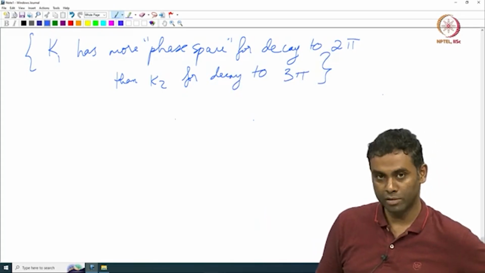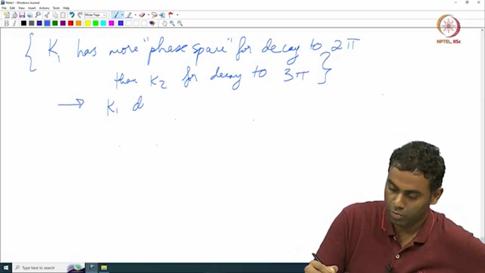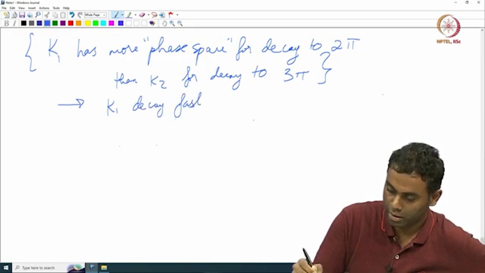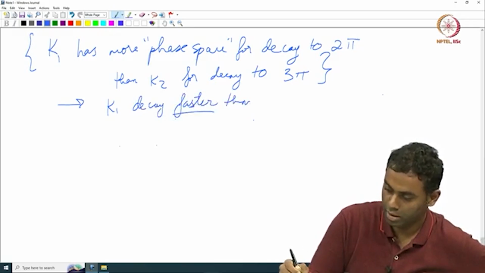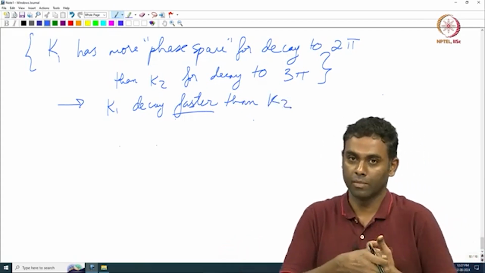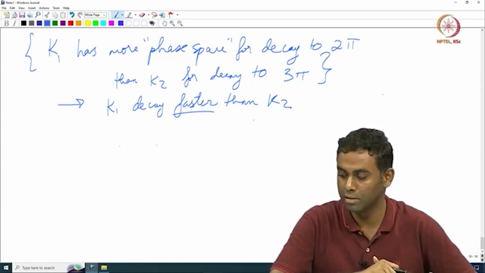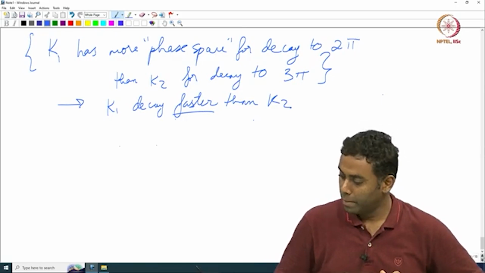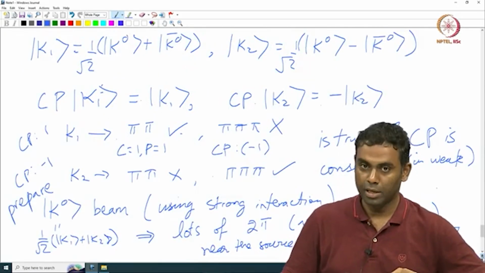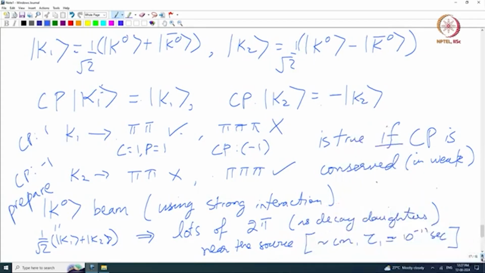If you have more phase space, obviously then K1 would decay faster than K2. If you have more phase space, the rate is higher. That should be obvious, right? And there are more allowed final states, that happens faster. The amplitude for that is bigger, right? Okay. That is the reason why if I prepare a beam of K0, I will get lots of 2 pi right near the source, because the K1 component of it starts decaying very quickly to the 2 pi's, okay.